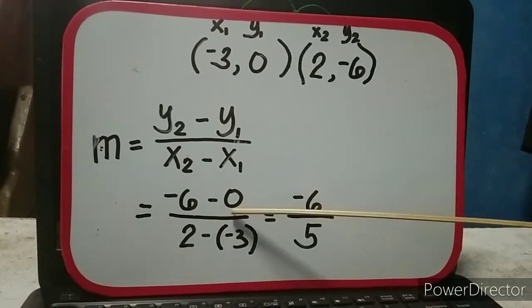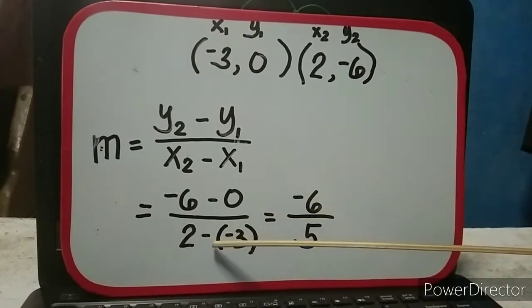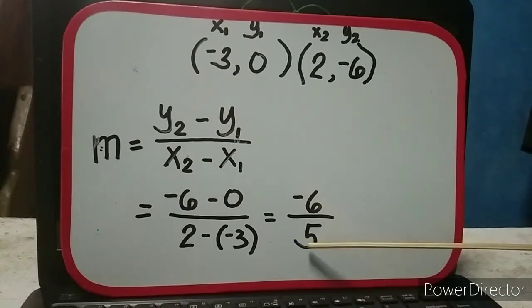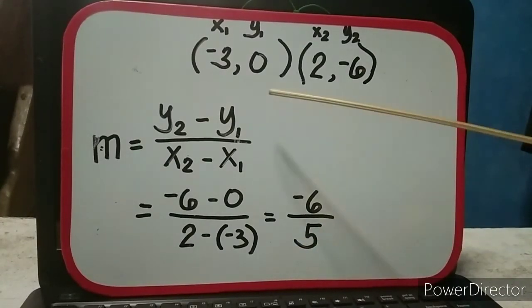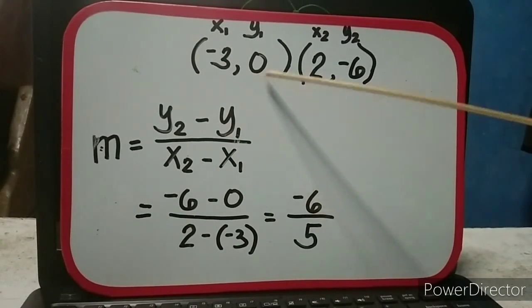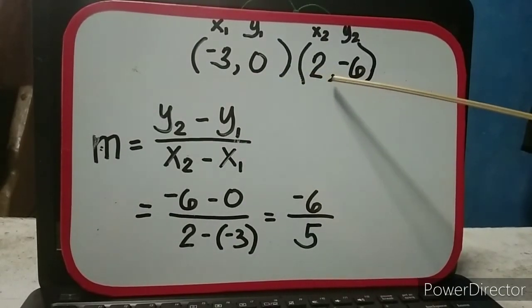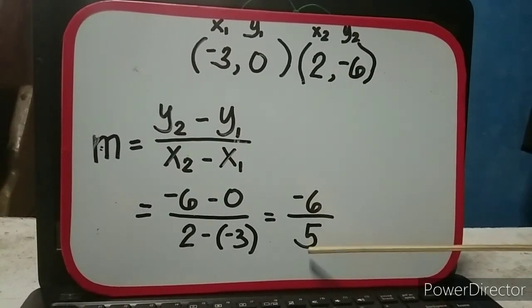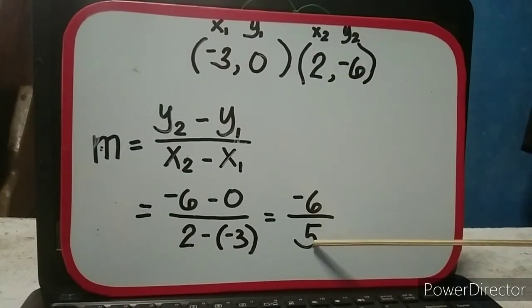Negative 6 minus 0 is negative 6. 2 minus negative 3 is 5. Therefore, the graph of the linear equation in 2 variables with the points negative 3, 0 and 2, negative 6 has the slope of negative 6 over 5.